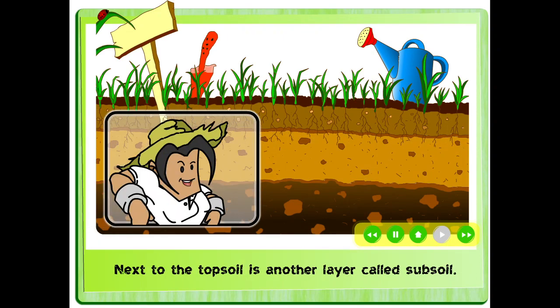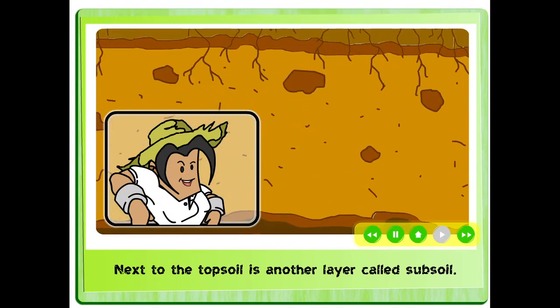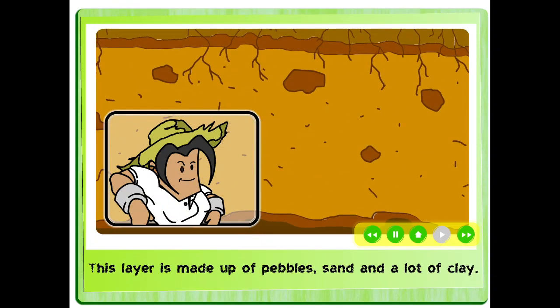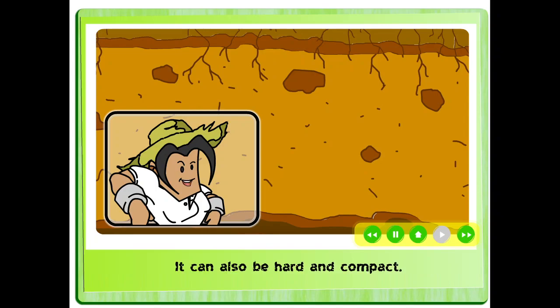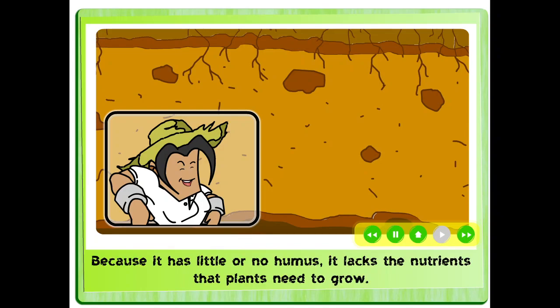Next to the topsoil is another layer called subsoil. This layer is made up of pebbles, sand, and a lot of clay. It can also be hard and compact. Because it has little or no humus, it lacks the nutrients that plants need to grow.